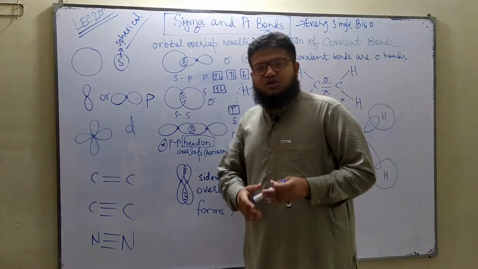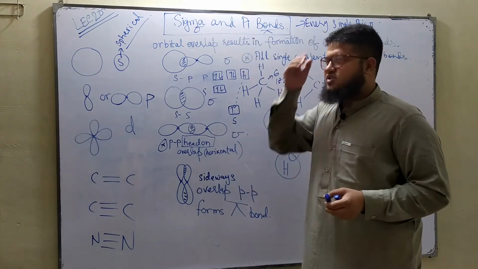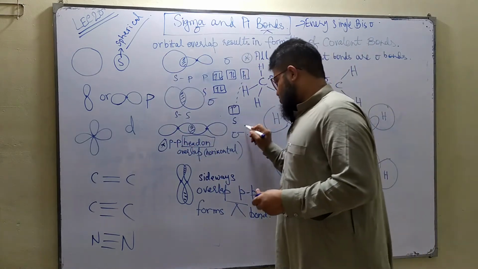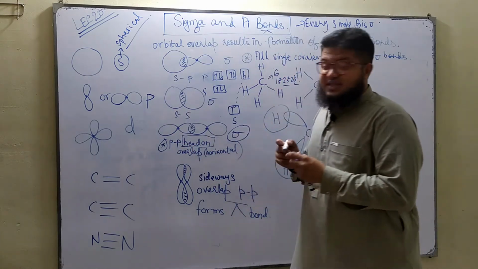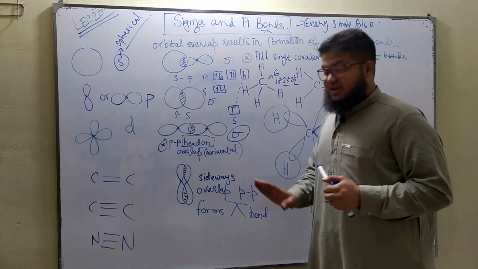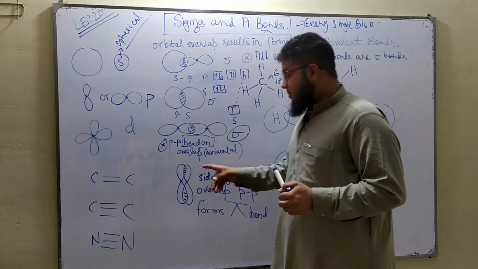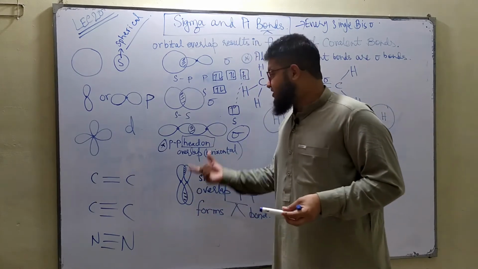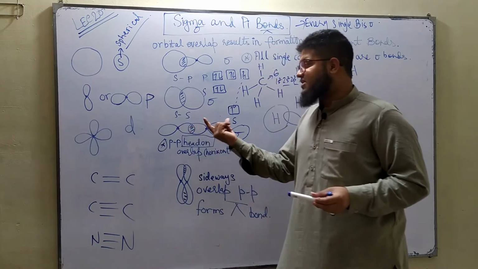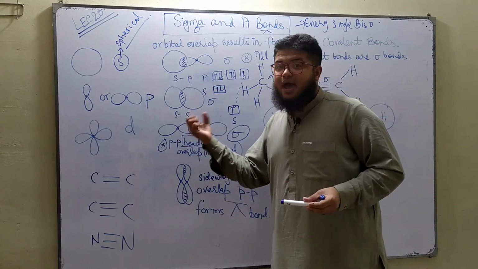And by the way, which bonds are going to be stronger in nature, meaning which one will require a greater amount of energy to break them? It's the sigma bonds. Remember that the sigma bonds are always going to be stronger than the pi bonds individually, because pi bonds have two regions of electron density, while a sigma bond has only one region of electron density. One region of electron density means that the region of overlap is very compact and strong.